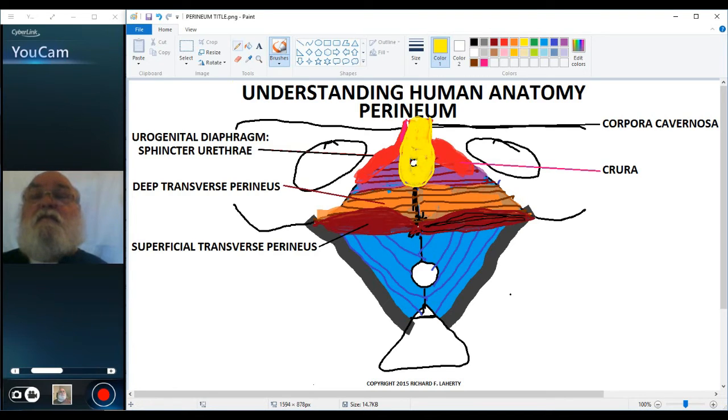And we have to remember that the urethra runs through the corpus spongiosum. The urethra is actually surrounded by the corpus spongiosum.